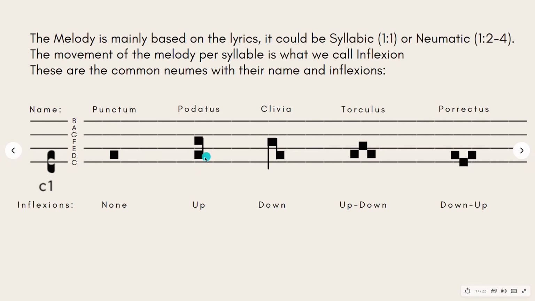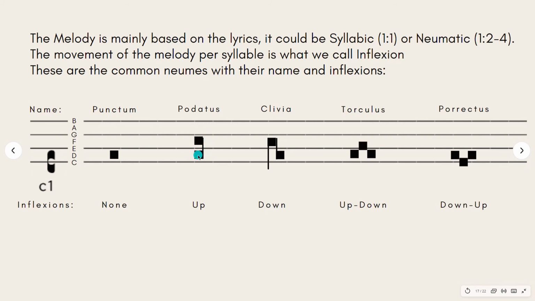Moving on, we have what we call podatus. Podatus is a neumatic movement wherein one syllable of the lyrics is equivalent to two or more pitches. In this case, we have two pitches. If we have this kind of symbol, it means the inflection should be going up. You have to read the notes from the bottom going up. So this is a podatus.